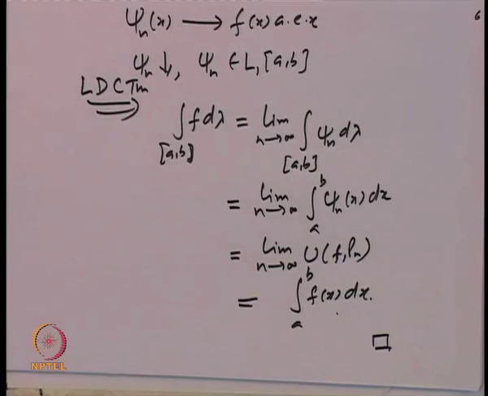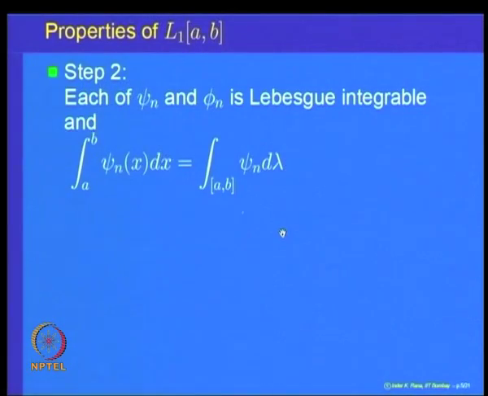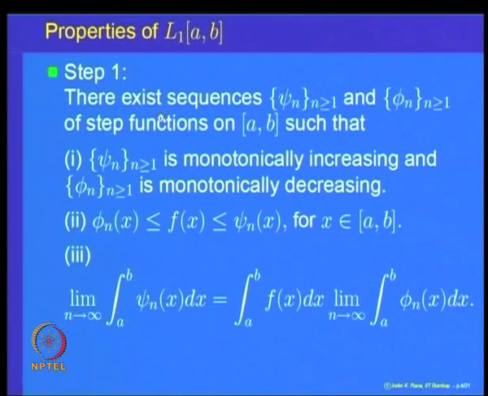So, let us go back and recall the proof. What is the first step? As a first step in the proof, using the Riemann integrability of the function, we construct two sequences of step functions phi n and psi n, such that f is trapped in between them, and the upper sums are nothing but the Riemann integrals of psi n's, and the lower sums are nothing but those of the phi n's.